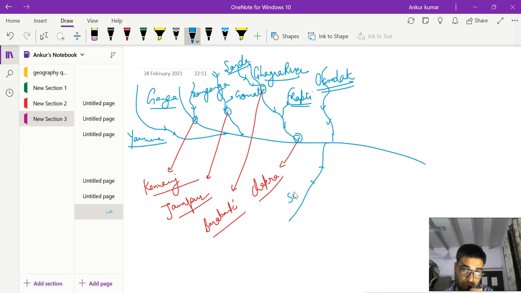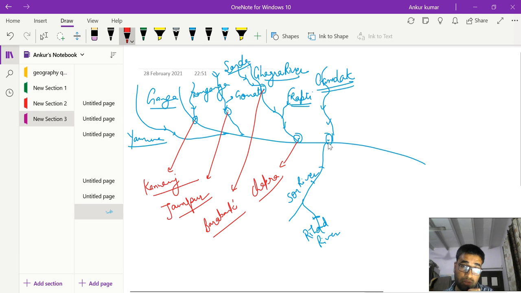This is Son River. The tributary of Son is Rihand. This is Rihand River, and this is Patna here.